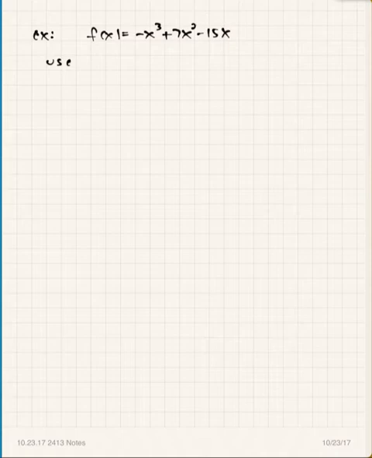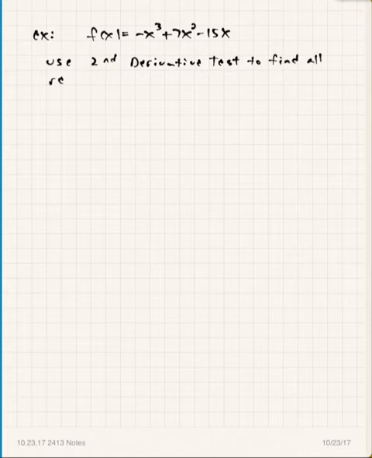So let's say we have this function, f of x equals negative x cubed plus 7x squared minus 15x. And I want to use the second derivative test to find all relative extreme values.